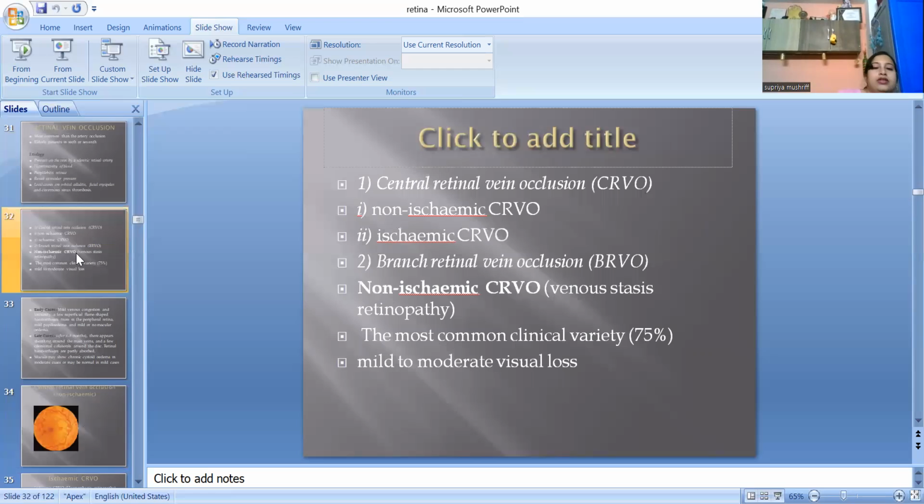Now, BRVO, branch retinal vein occlusion, is another type of retinal vein occlusion.